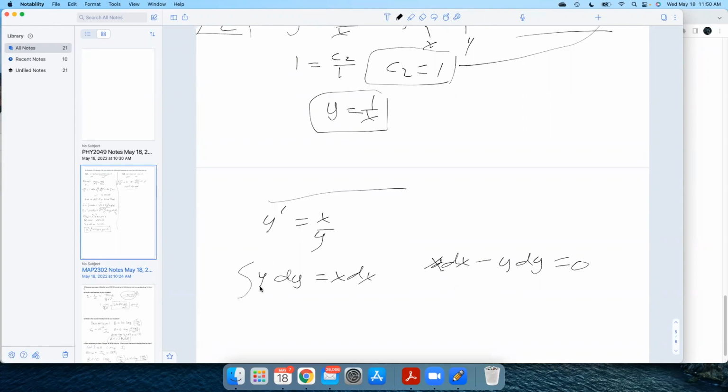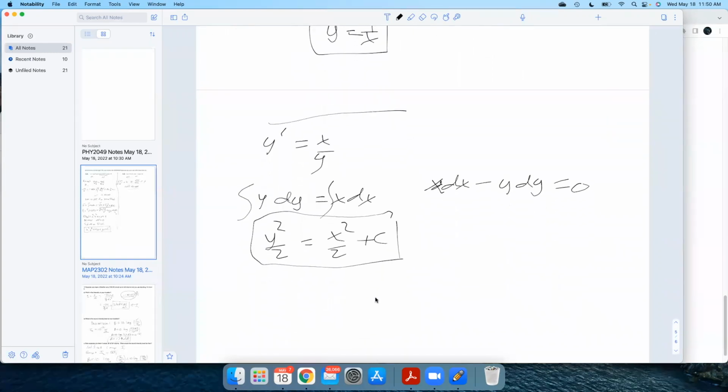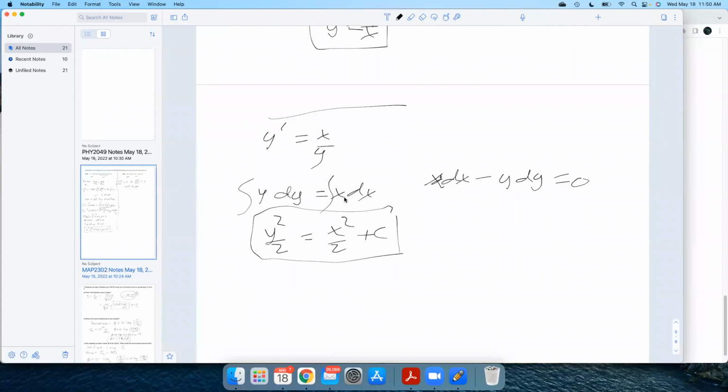And it's really easy to solve. Just integrate both sides. We get y squared over 2 equals x squared over 2 plus c. There's this general solution, which again, it's a hyperbola. This would be y squared over 2 minus x squared over 2 equals c.